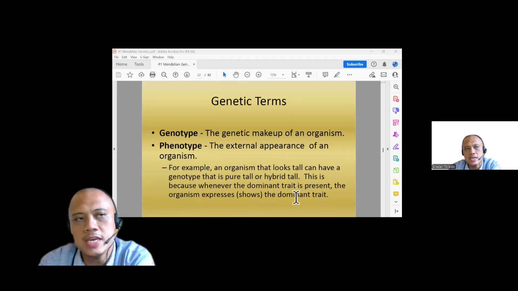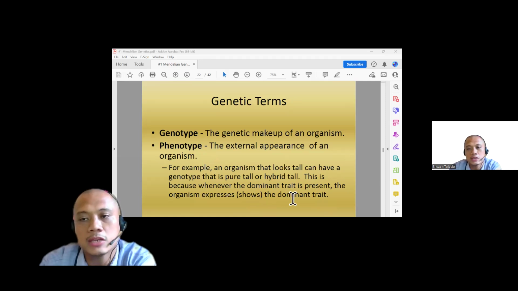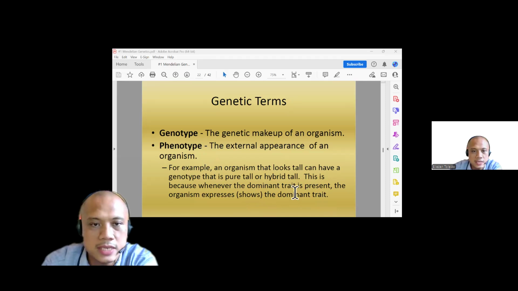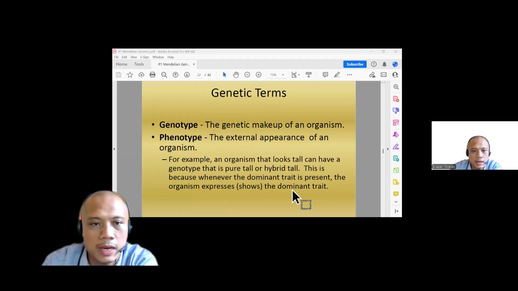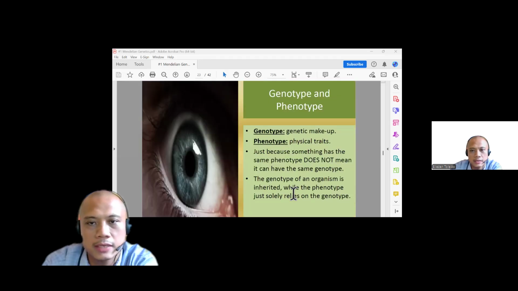But if you see it as tall, does it mean it has a pure gene for tall? It could be a combination of a capital T and a small letter T. Let's see if the terminology comes out on the next slide.